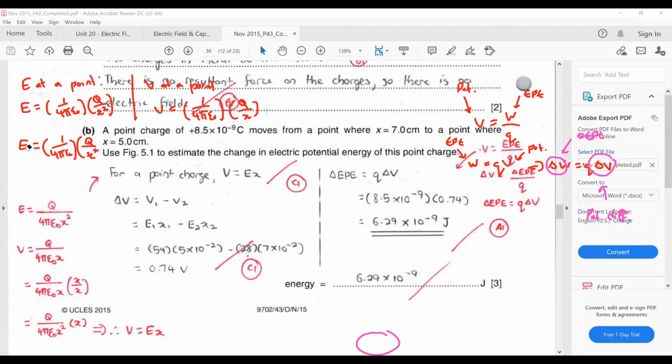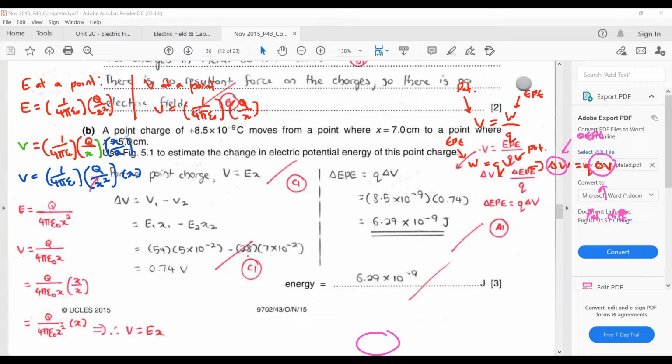Let's say I modify from V. Say if I look at this one, I want to modify from V. V is 1 over 4 pi epsilon naught Q over x, right? If say I multiply with x over x, this will give me V is 1 over 4 pi epsilon naught Q over x squared times x.